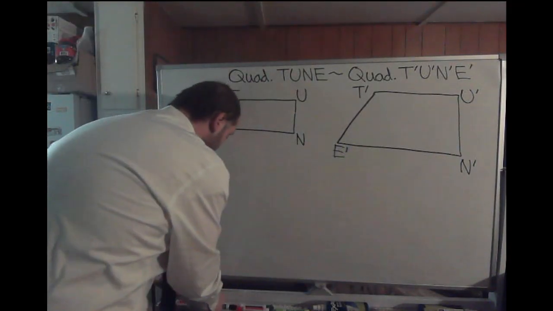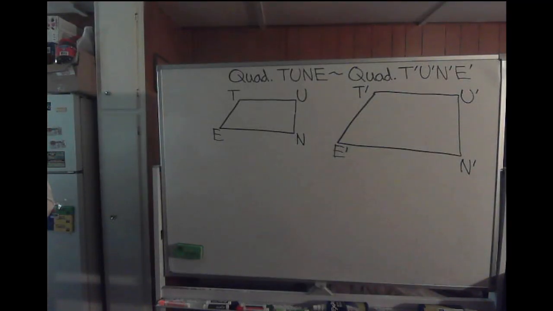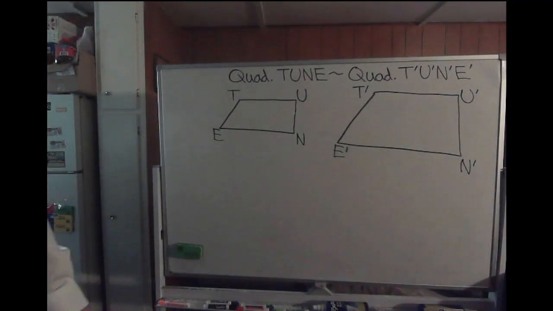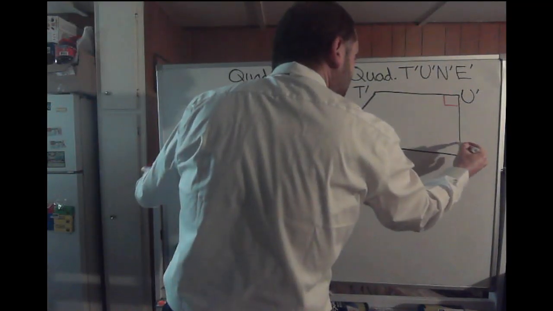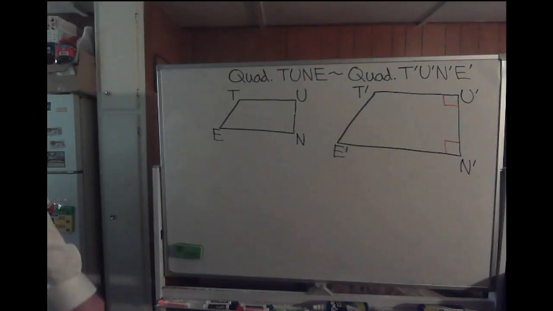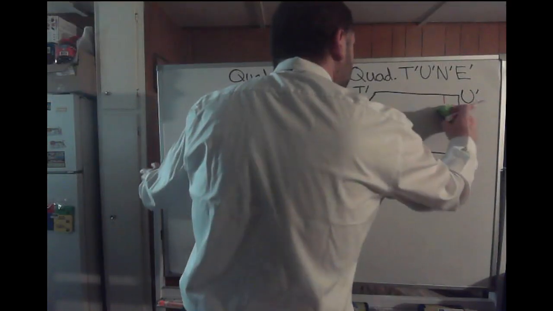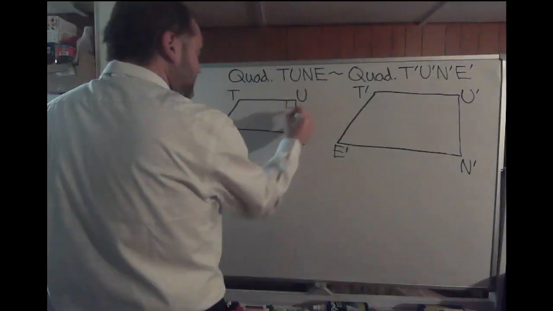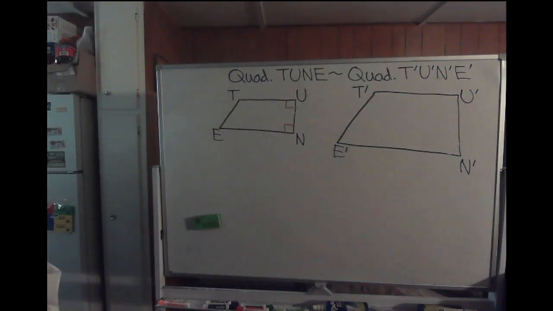Okay, so we already know that these two quadrilaterals are similar. So here's what they give us. They give us that angles U prime and N prime are right angles. Whoops. Well, they would be because they're similar, but I looked at the wrong quadrilateral. It's actually, they only tell us here that angles U and N are right angles, but still, since they're similar, U prime and N prime would also be right angles.